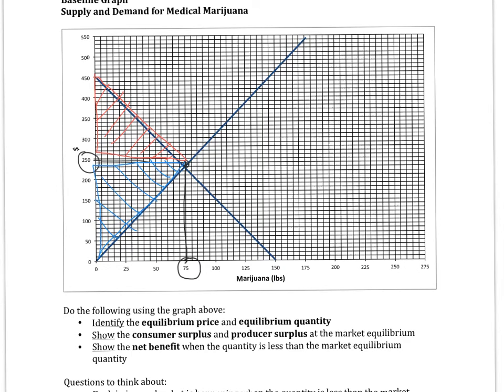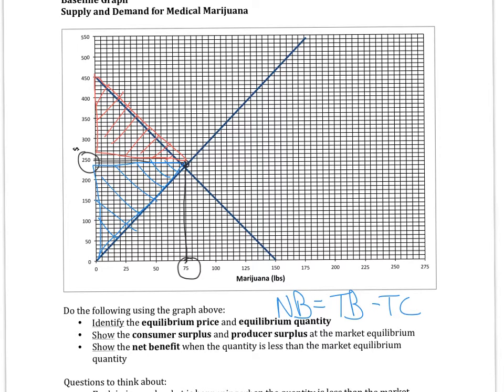Okay, so what you should be realizing is that the consumer and producer surplus fit in with the idea of the net benefit. Net benefit is equal to total benefit minus total cost.